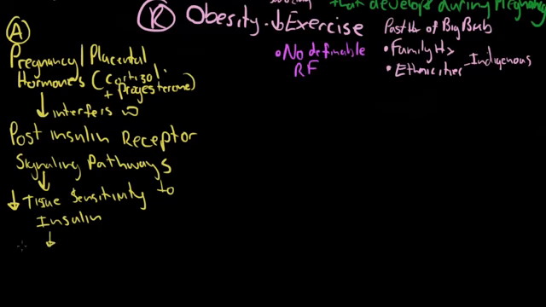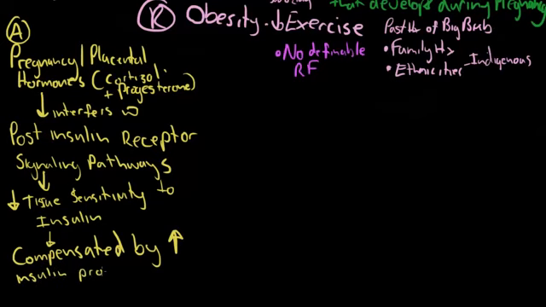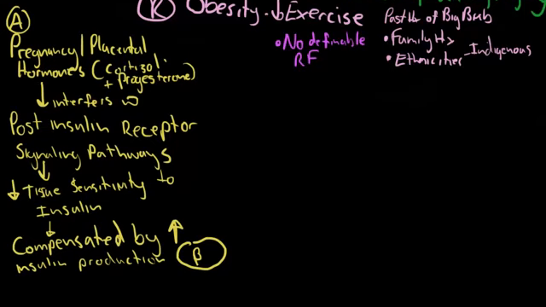So what happens then? This is compensated by an increase in insulin production by your beta cells in your pancreas. Now, what this leads to is, so less sensitive to insulin, make more insulin.